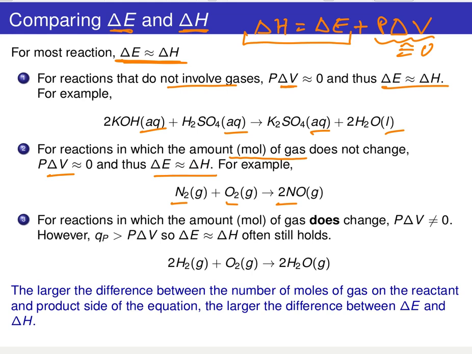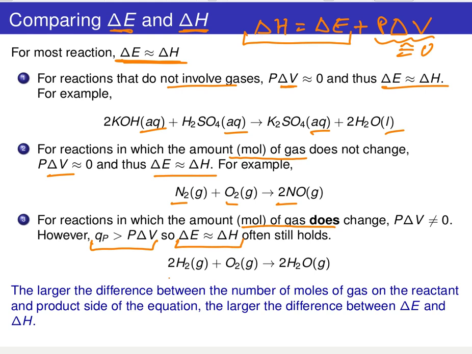Now, even if you do have a scenario where the number of moles of gases does change, it is oftentimes still the case that the energy transfer in heat at constant pressure is going to be much larger than that work, pressure-volume work. And so as a result, this delta E being very close to delta H often still holds.